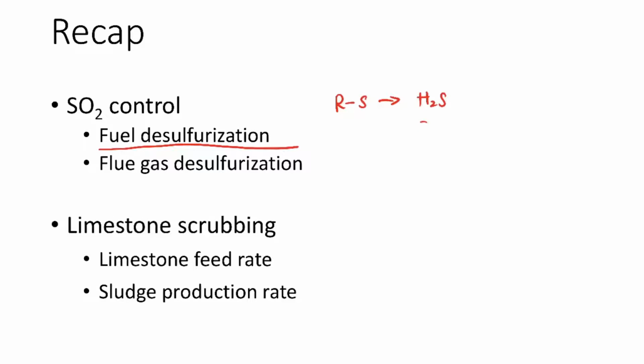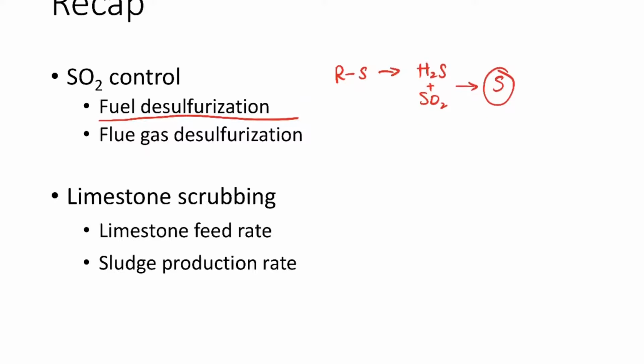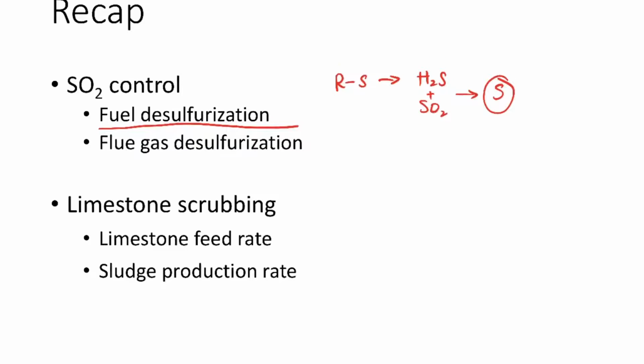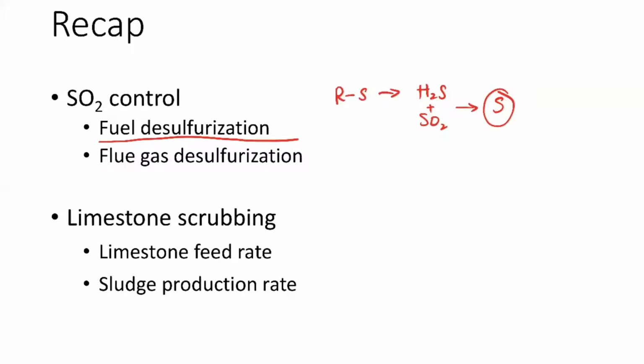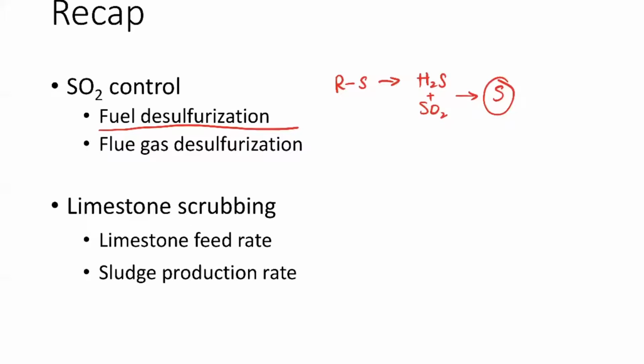And then we can let the hydrogen sulfide react with the sulfur dioxide and form the solid sulfur, right? And that can be sold for money, okay? This is mainly used in the oil refineries, mainly because the oil is in liquid form, so the reaction is more complete in this way. But if we're talking about coal, which is a solid fuel, the reaction is going to be incomplete. It's very difficult to go through these reaction processes.